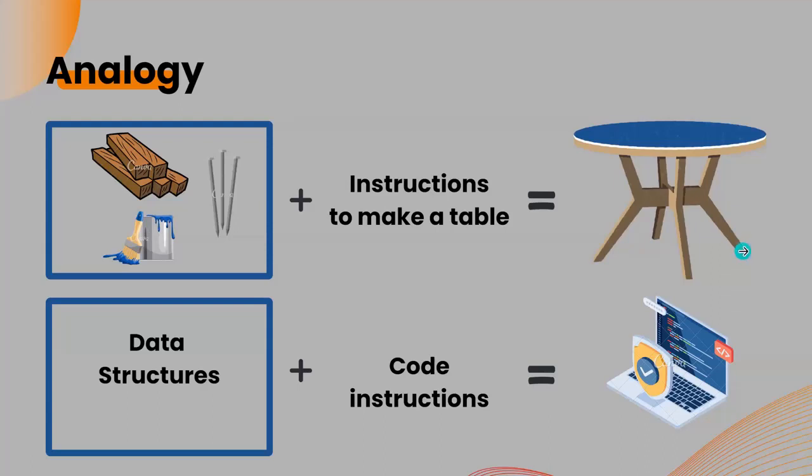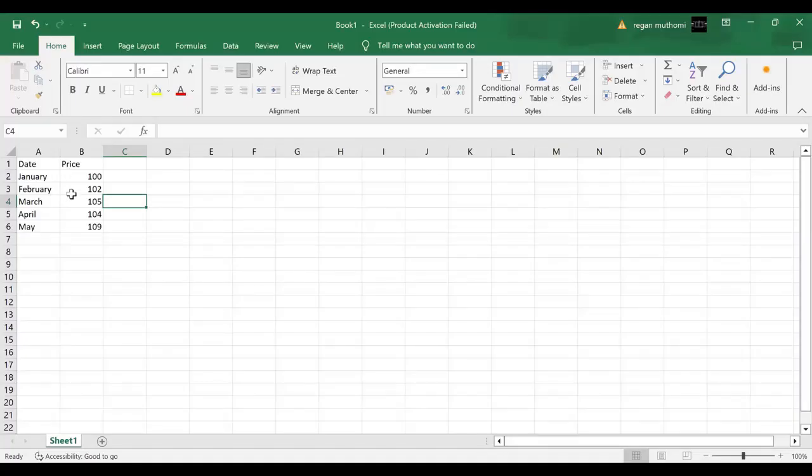And I would go as far as saying this. Take an example of this data set here. Say it is the average price of the Apple stock for 2023.